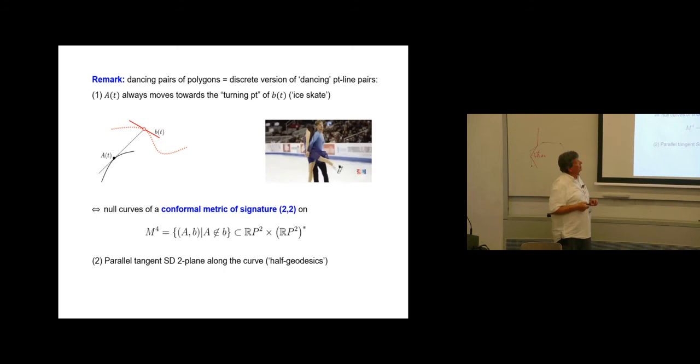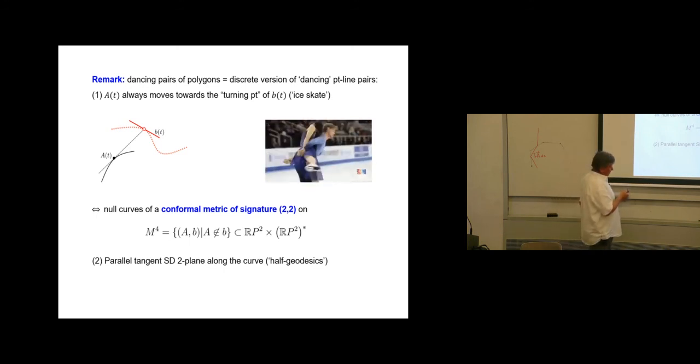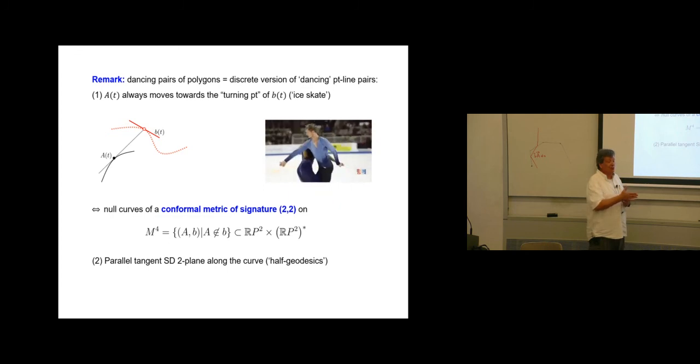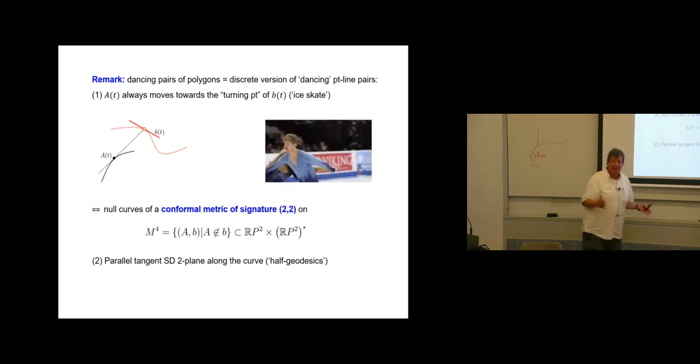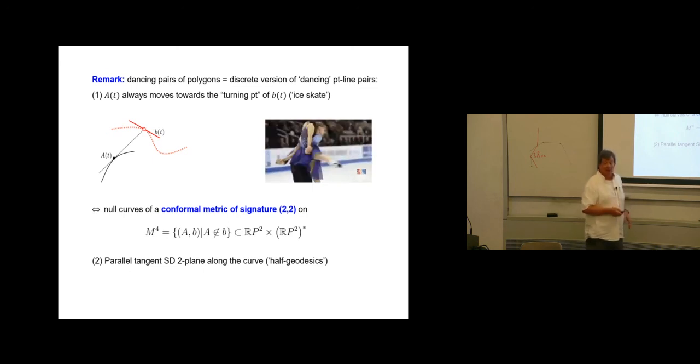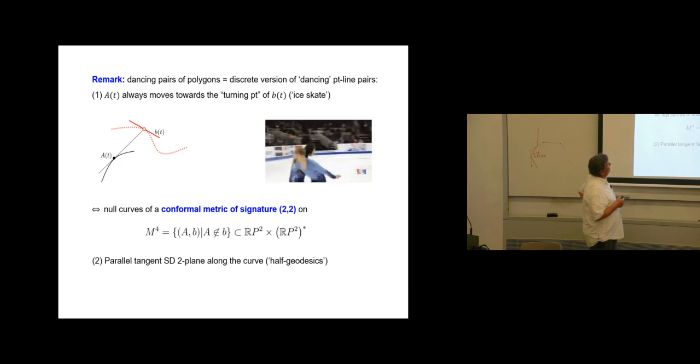At each point there is what I would call the turning point of the line. How does a line move in a plane? One way is just to turn around a point. The statement is that unless it moves parallel to itself, it's always turning around some point, the instantaneous turning point of this motion.